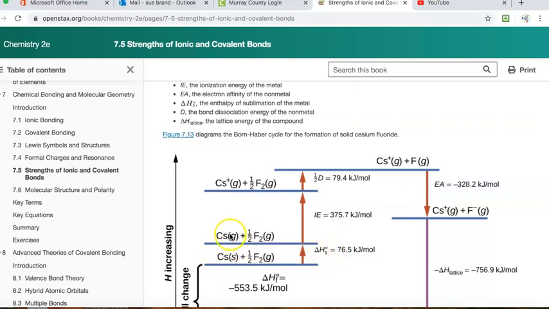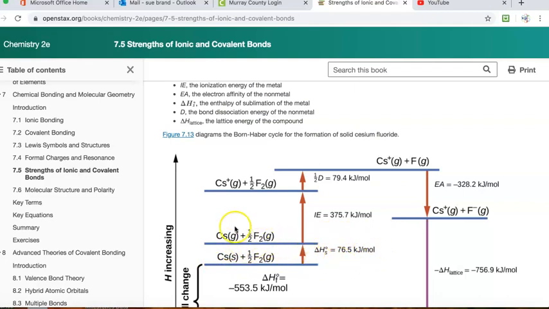Okay, and it becomes a gas. And so there's a certain energy associated with it, starting from solid to a gas. So these are both elements in their natural state. Fluorine's a diatomic molecule, cesium's a solid at room temperature. So the amount of energy it takes for cesium to go from a solid to a gas, there's a certain value associated with it.